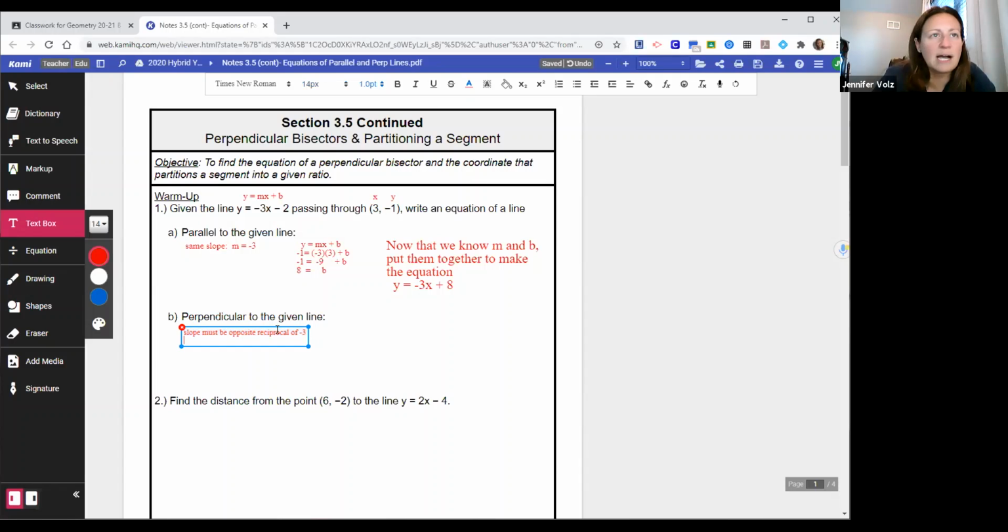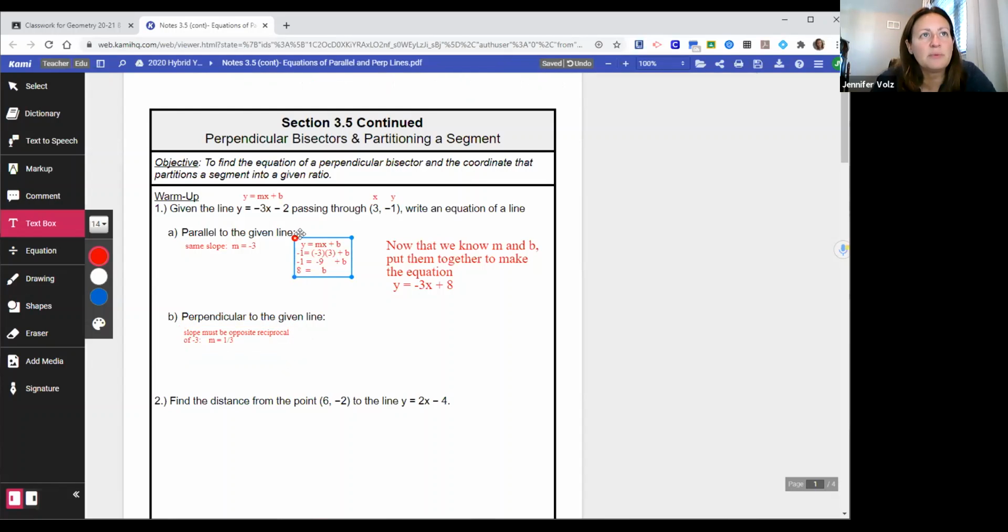So what is the opposite reciprocal of -3? Well, opposite of negative is positive. Opposite reciprocal of 3 is 1/3. So it's going to be positive 1/3 as our slope.